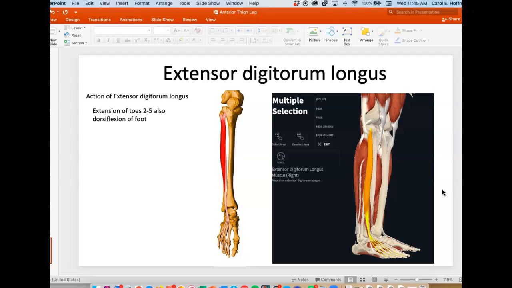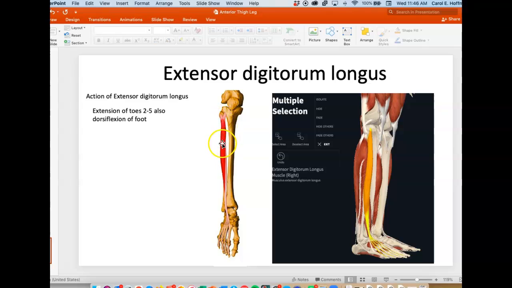In the anterior leg, we have extensor digitorum longus. So now highlighted here, extensor. Now it says digitorum. So if it says digitorum, you know that it's coming to the digits, right? Longus, because you're going to have an extensor digitorum in the arm. So this is extensor digitorum longus.